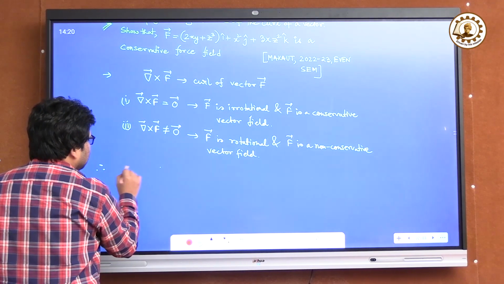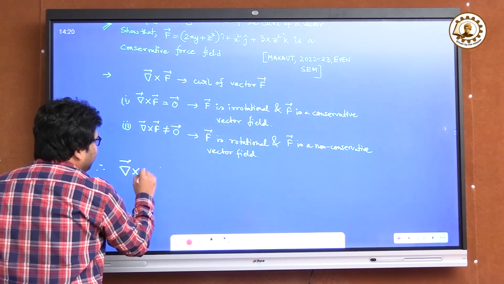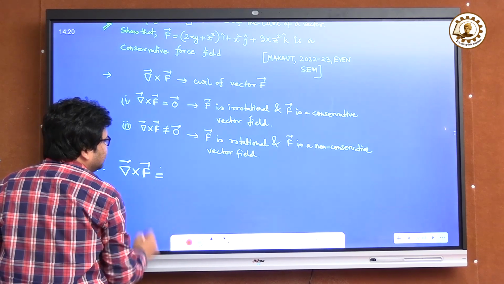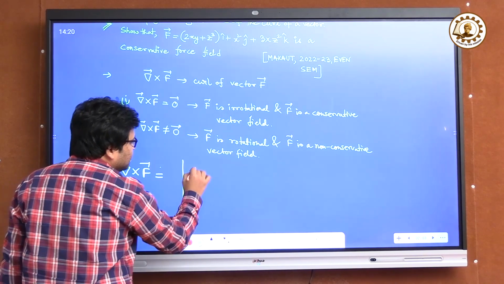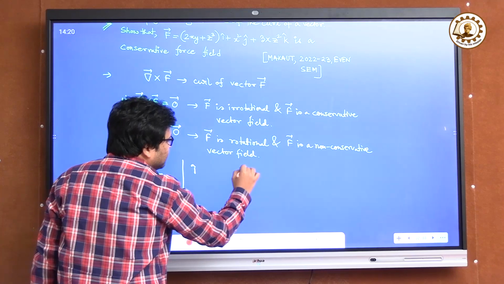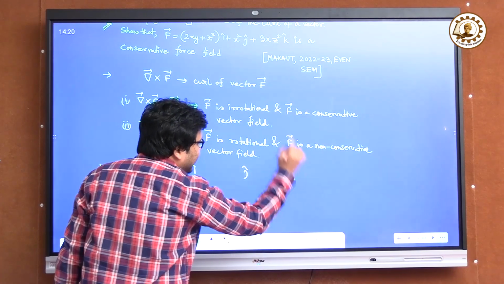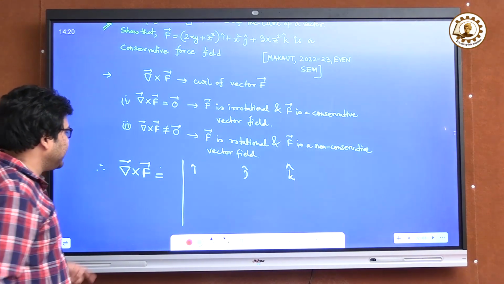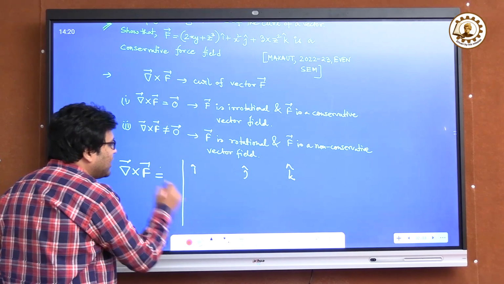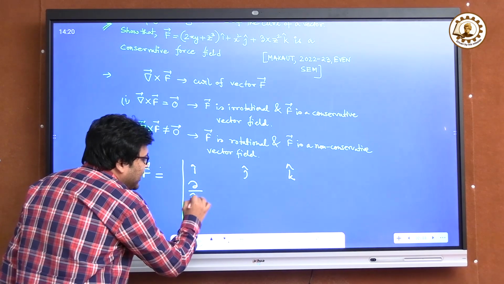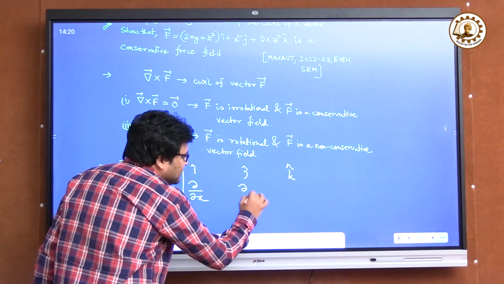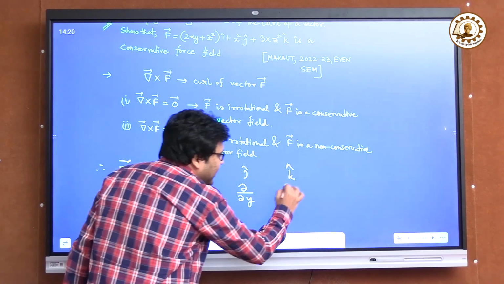So curl of F vector equals the determinant with i cap, j cap, k cap. Since we have curl, it is a curl operator, so we have to write del del x, del del y, and del del z.